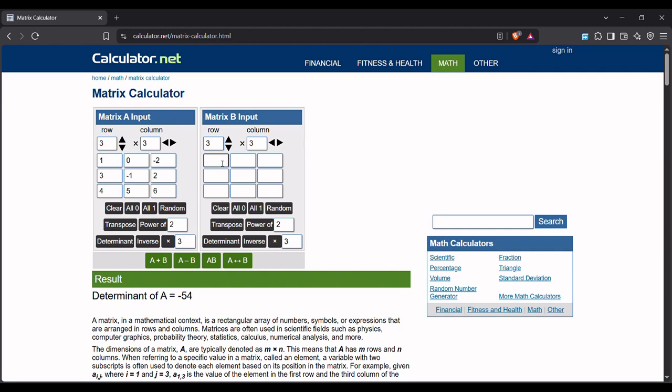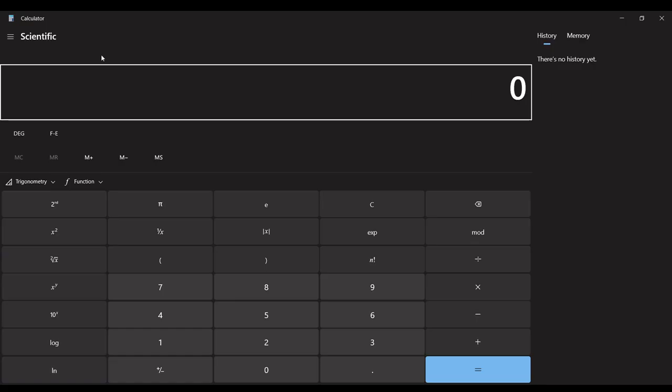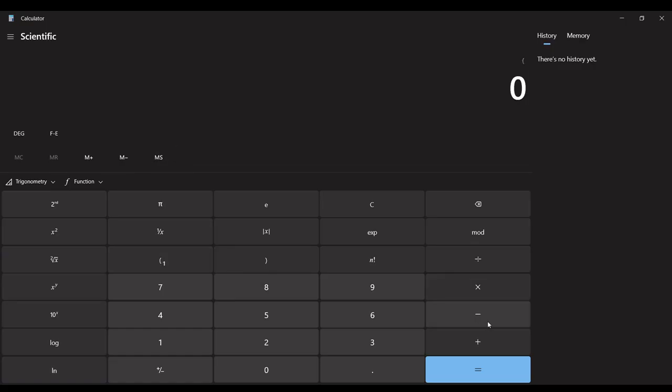Now let's multiply everything by 3. So 3, 0, minus 6, 9, minus 3, 6, 12, 15, and 18, and if we find the determinant of that, we get minus 1458.